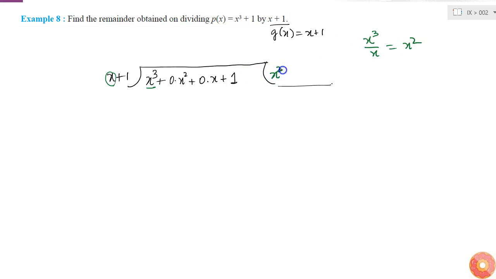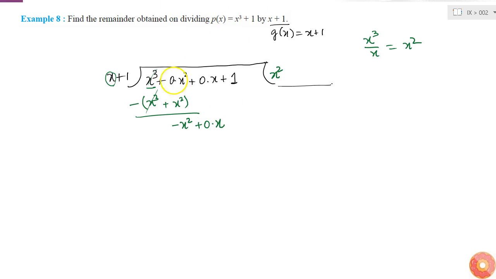If I put x square here, then x into x square is x cube, plus 1 into x square is x square. If I subtract this, x cube minus x cube is 0, so these cancel, and 0 into x square minus x square is minus x square. Correct? Minus x square plus 0 into x.